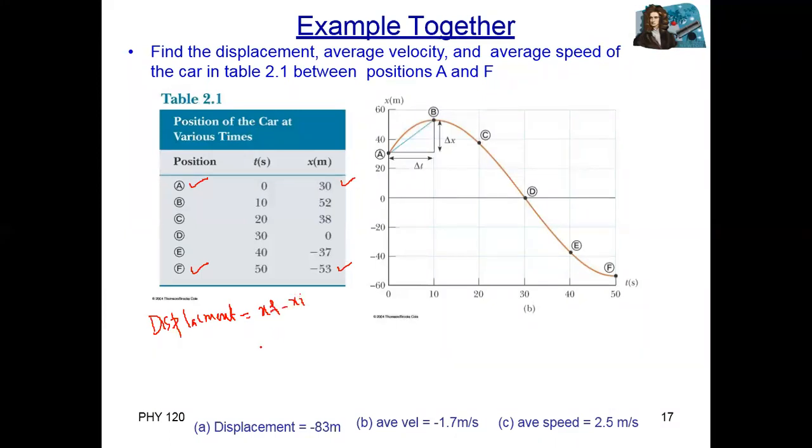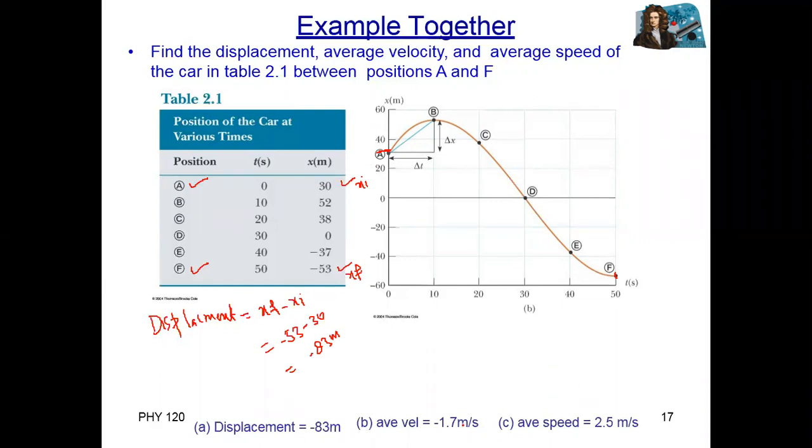So if we consider final position XF minus 53 and initial position like 30, so we have minus 53 minus 30 equal to what? Minus 83 meter. Yes, this is displacement.